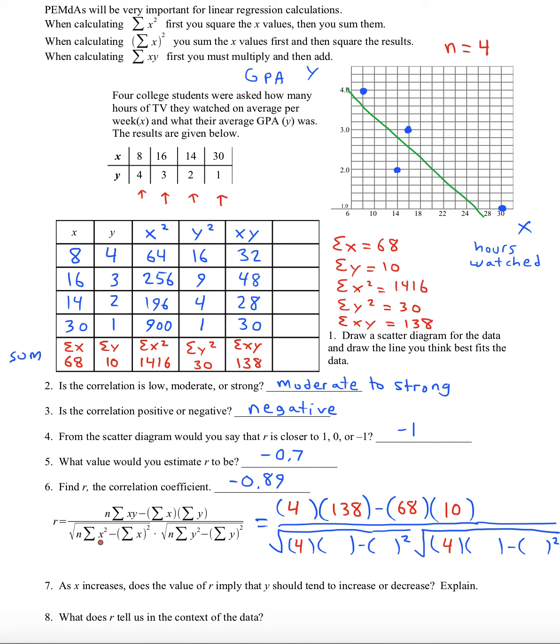Here, the square gets done before the adding, so they're actually talking about the 1416 there. But in this one, the sum gets done before the squaring, so they're talking about the sum of x, which is 68. The sum of y squared was 30, and the sum of y is 10.